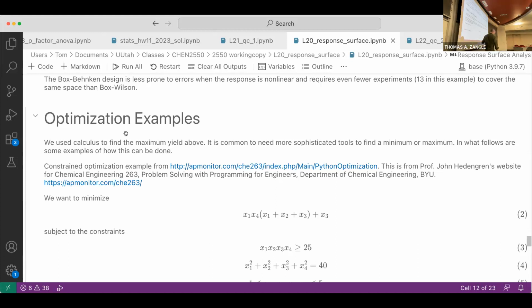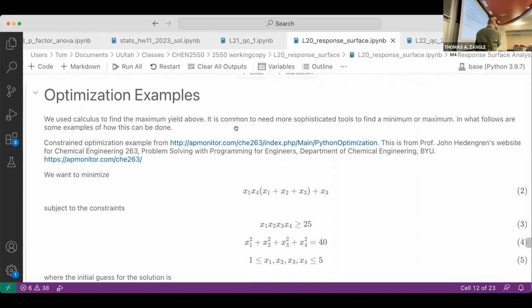We're again just going to barely scratch the surface of this problem of optimization, which is, I believe, something you're going to talk about more in numerical methods. But it does bear on our discussion right now. So in our previous examples, we used calculus to find the maximum yield. And in general, if we're fitting a parabolic surface, even in 3 dimensions, we can still use calculus to find the maximum within that space.